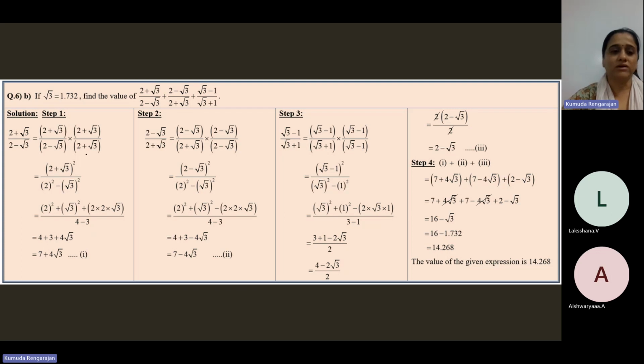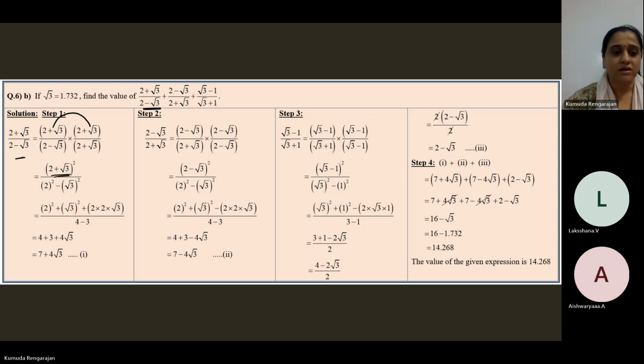Okay, so we need to take up this, as I told you. Conjugate, correct? 2 minus root 3 is the denominator, so multiply and divide with 2 plus root 3. And then what are the numerators? 2 plus root 3 into 2 plus root 3, so 2 plus root 3 the whole square.